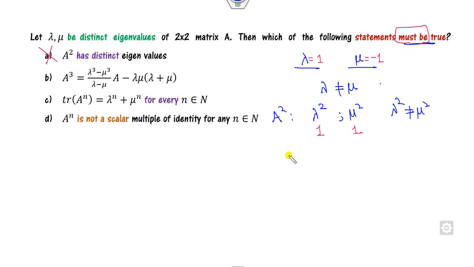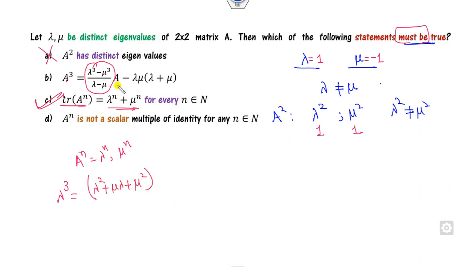Okay, what about here? Fine. What is the eigenvalue of A raised to power n? Eigenvalues of this are here. So what is that trace? That's a sum. This is the correct option. Now I can check here. The left hand side is a cube. How can I solve that? I can simply take this off because it will be cancelled out. What are the eigenvalues of A?